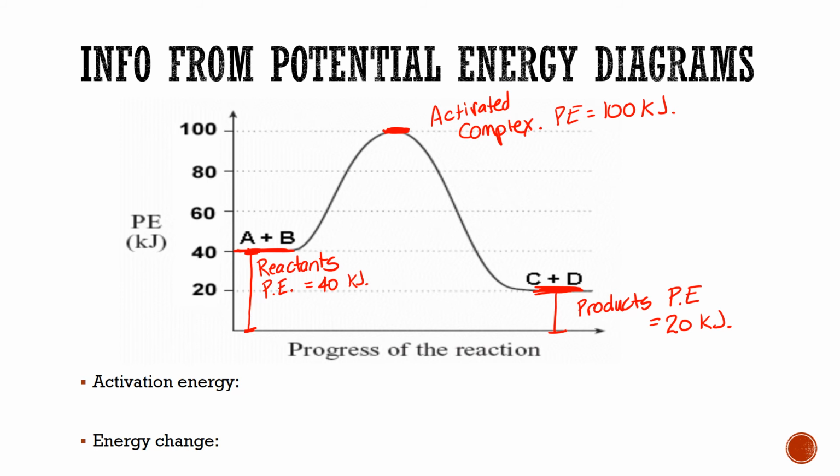So my activation energy is going to equal the potential energy of the activated complex minus the potential energy of the reactants. EA represents activation energy.